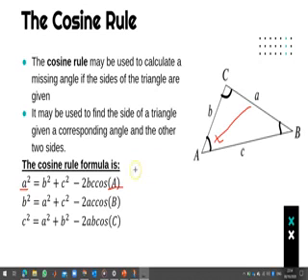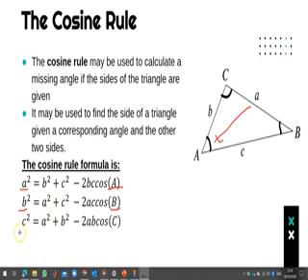The same can just be interchanged. Let's say we are required to find B, so we just say B squared is equal to A squared plus C squared minus 2AC cos the corresponding angle of B. So you just interchange the parameters.